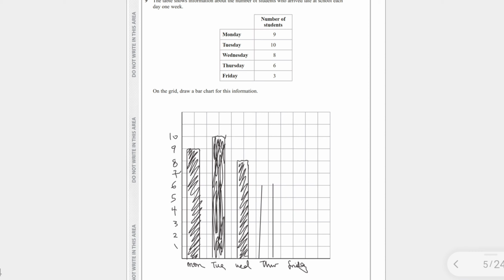Pardon my drawing. That is Thursday. And Friday is 3. So that is Friday. And we are done.